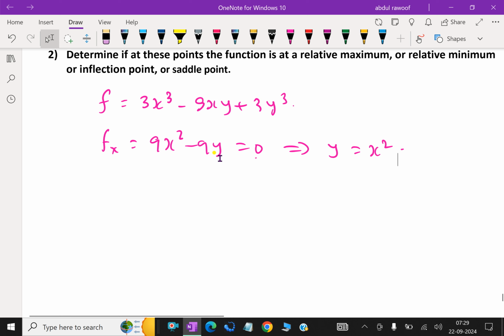Next, fy, differentiating with respect to y partially, the x term becomes 0.